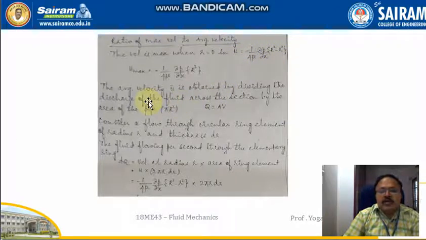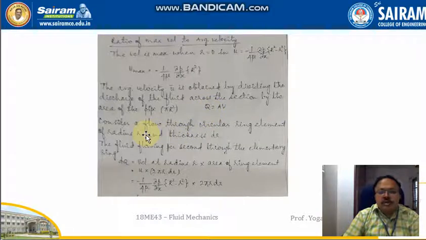The average velocity is now obtained by dividing the discharge of the fluid by the cross-sectional area of the pipe, that is pi r square. So velocity is now Q by A, for which we need to find out the discharge.